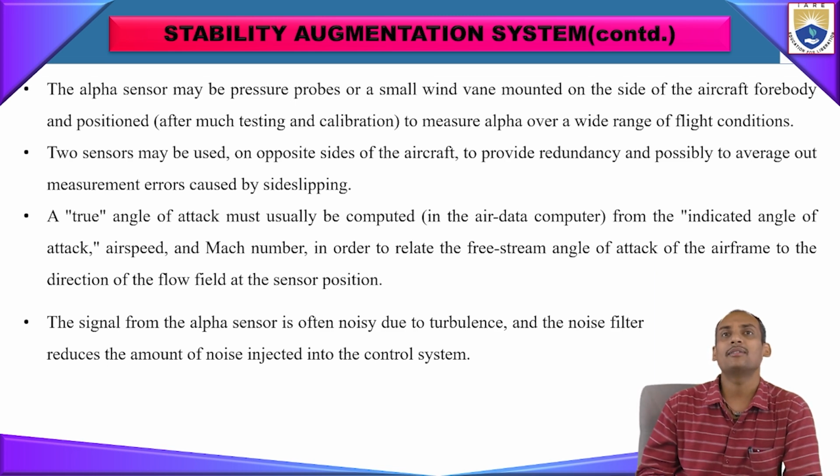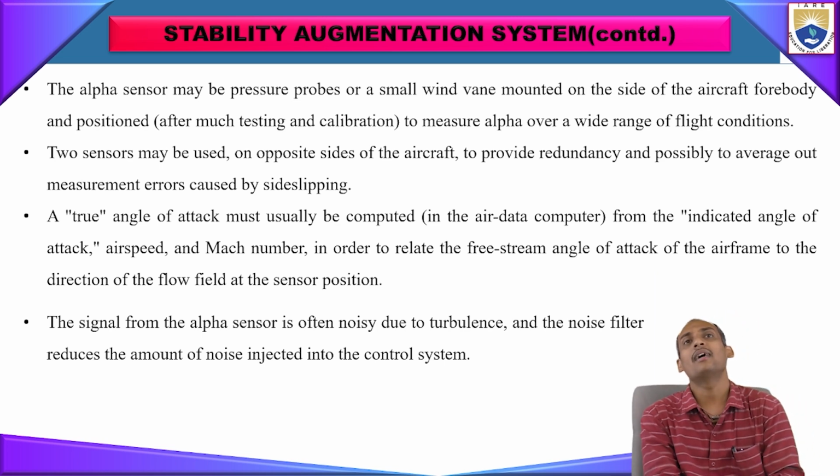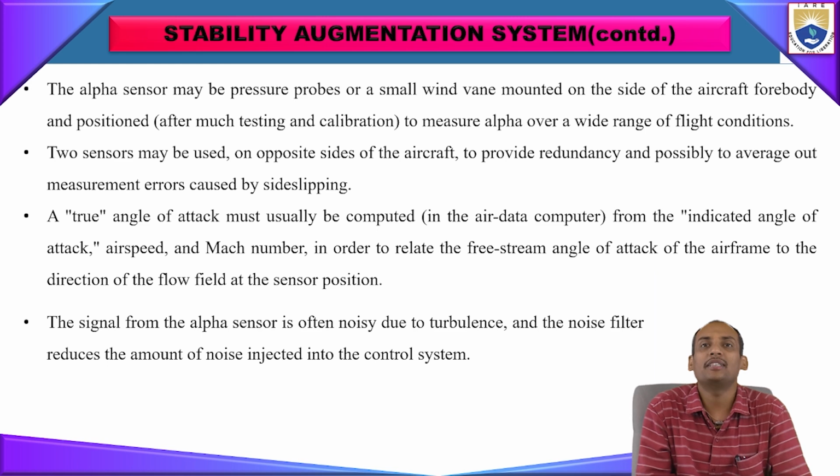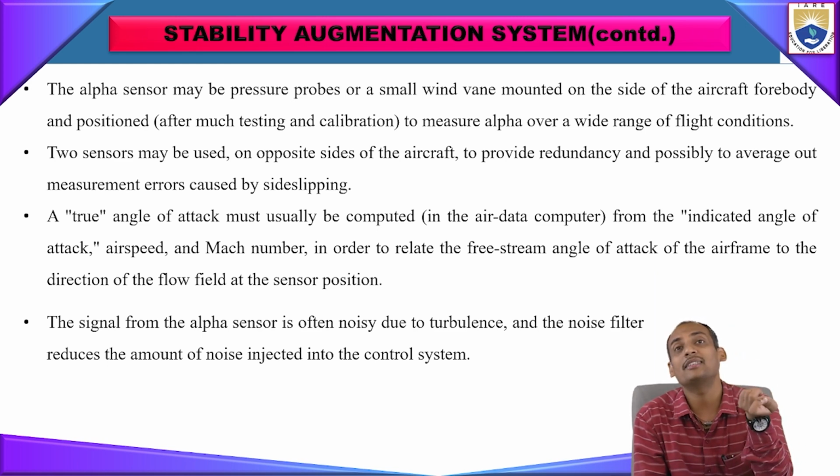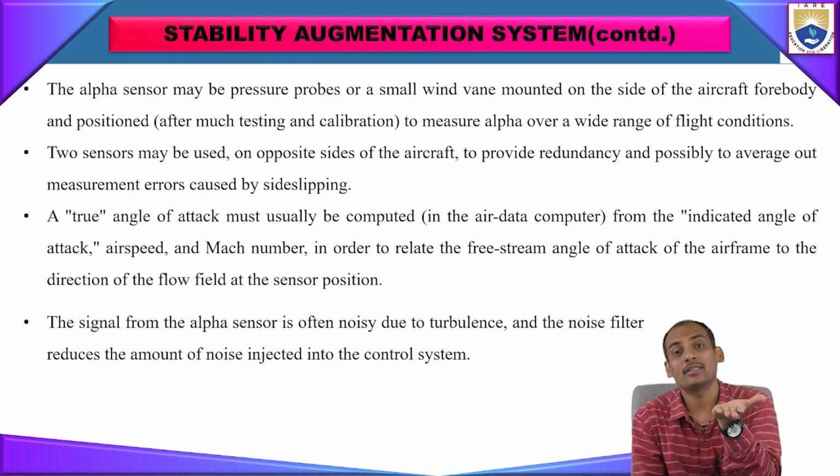Okay, another thing is the alpha sensor. The alpha sensor may be a pressure probe or a small wind vane mounted on the side of the aircraft body, positioned to measure alpha over a wide range of flight conditions. A pressure probe here means it is sensing the movement effect.